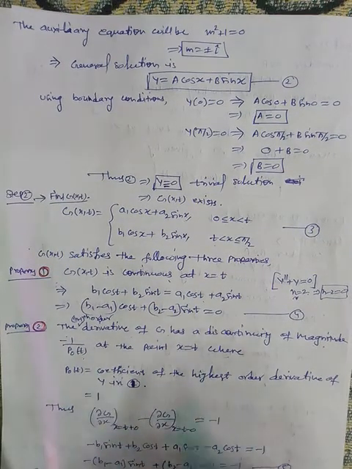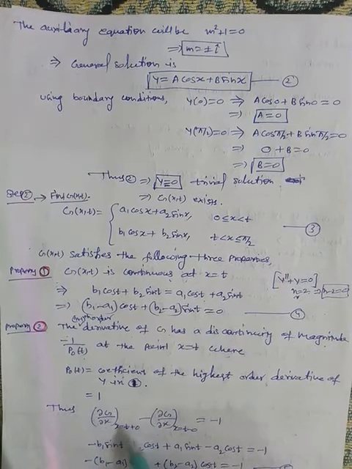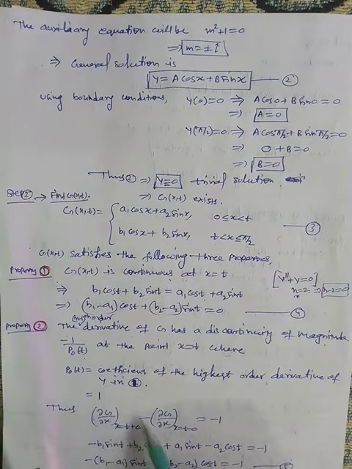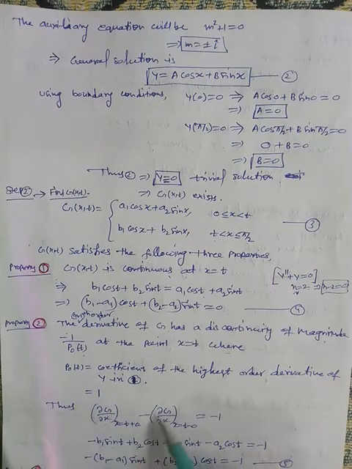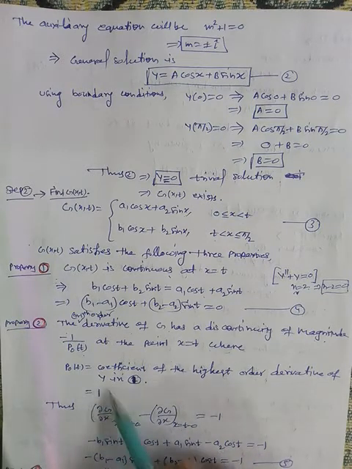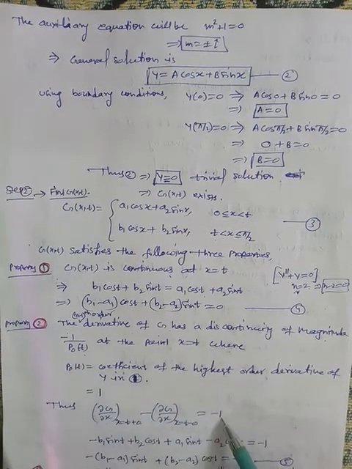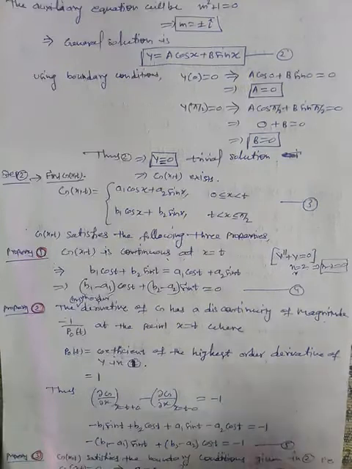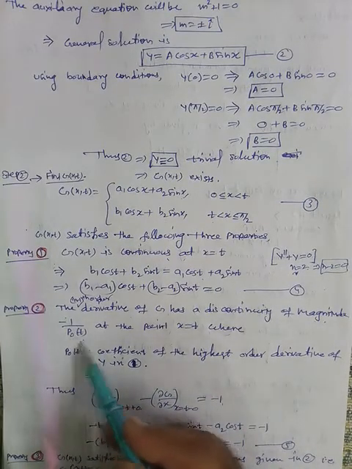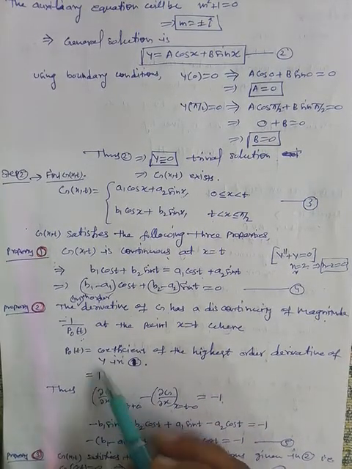So according to this condition, del g by del x at x equal to t plus 0, that means the right hand side derivative, minus del g by del x at x equal to t minus 0, that means the left hand side derivative, the difference will be minus 1 upon p naught t, but p naught t is 1, so minus 1.